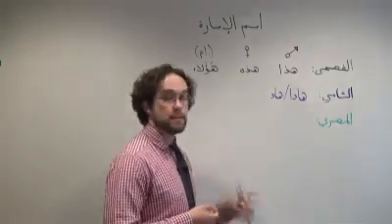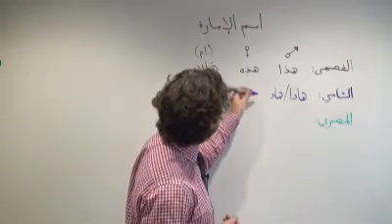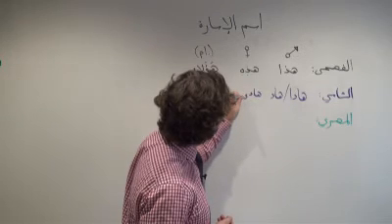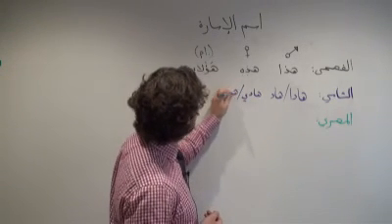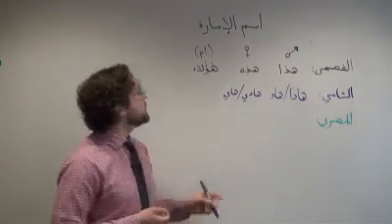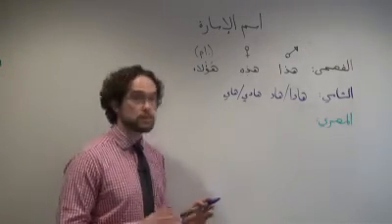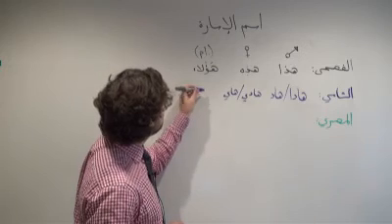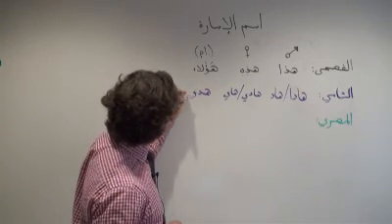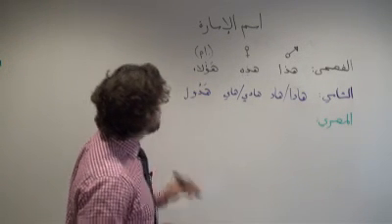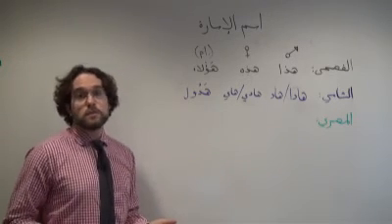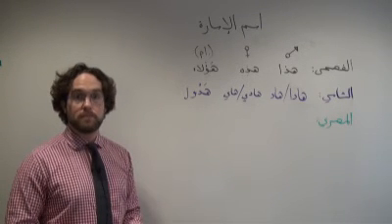For hadihi in Fusha, we might instead hear hadi, or sometimes hai. And for haula, which again we only use for human plurals, right? We might hear something like hadul. And we can use them in exactly the same way we use them in Fusha.